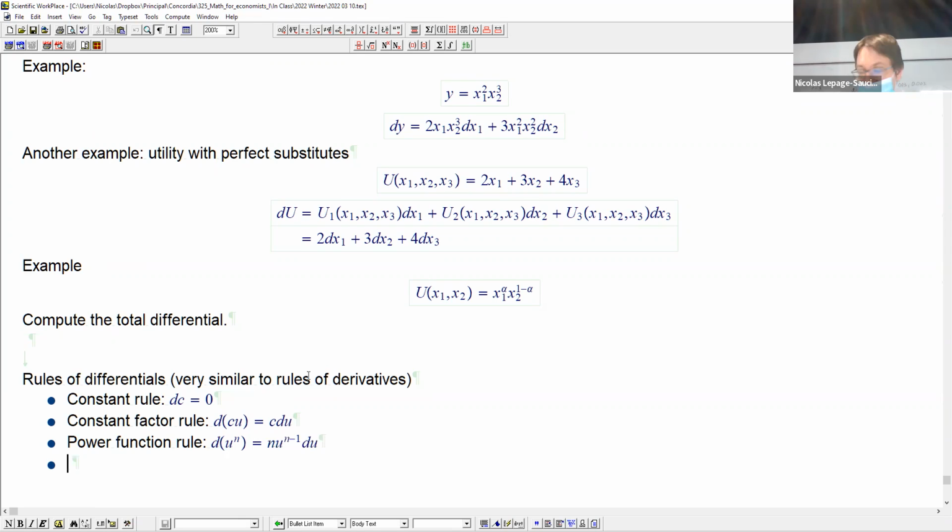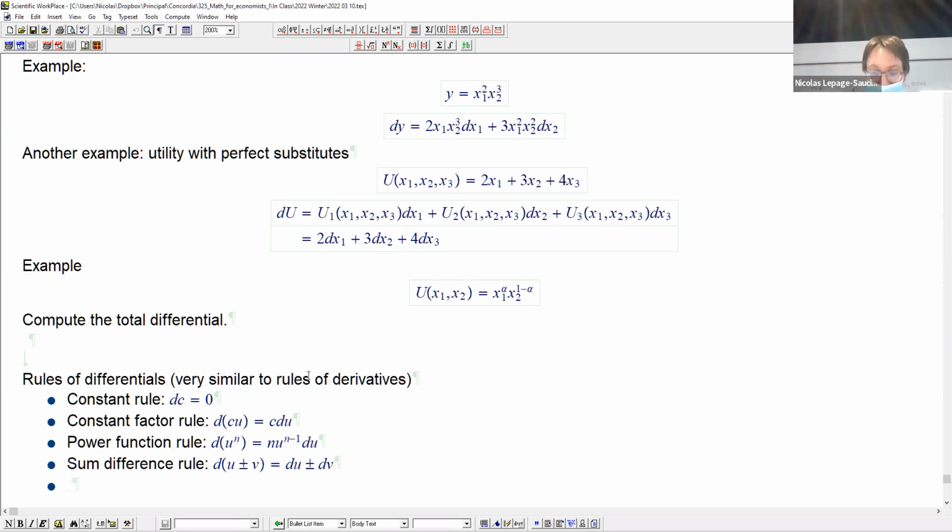Sum difference rule: d(u plus or minus v) equals du plus or minus dv.